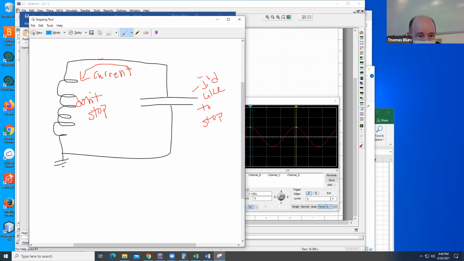Because I'm an inductor, and that's what I do. If I don't have a current and you try to start a current, I'm against you. And if you've started a current and you try to stop that current, I'm against you. I don't like change. That's what an inductor does. It does not let you change abruptly.